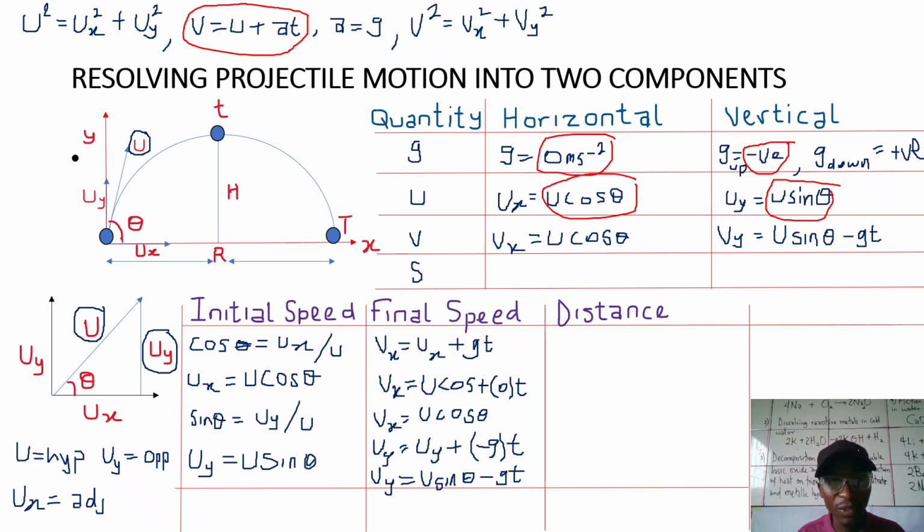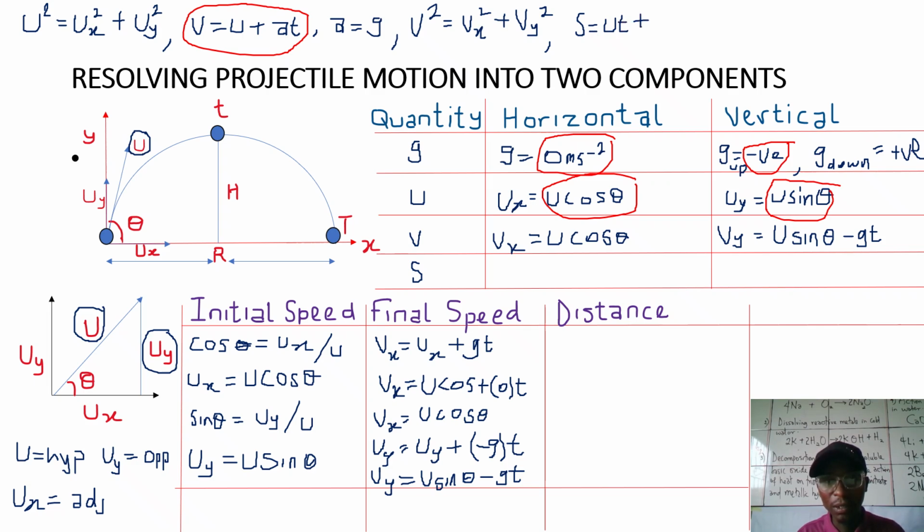So what we are left with now is the total distance covered by this body, along the vertical axis as well as along the horizontal axis. And in order to achieve that, we need to adopt another equation of motion that says S equal to ut plus half at squared.